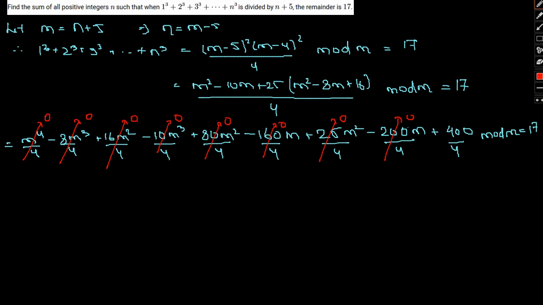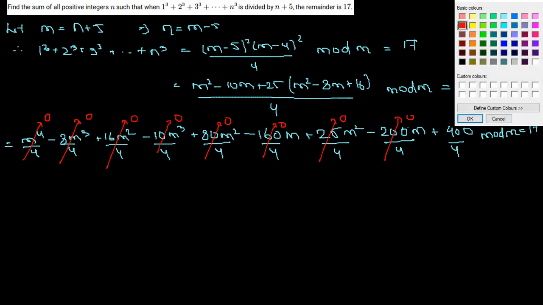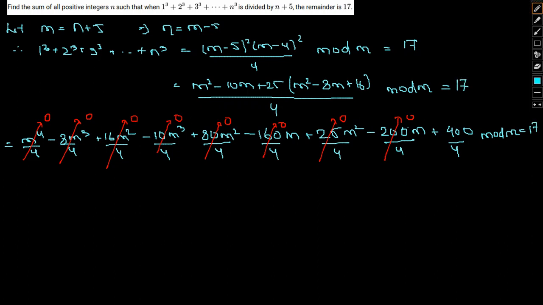So we can neglect all these terms and just focus on 400 by 4 itself. So basically 400 by 4 mod m is equal to 17. Here we can further write this as 100 mod m equal to 17.